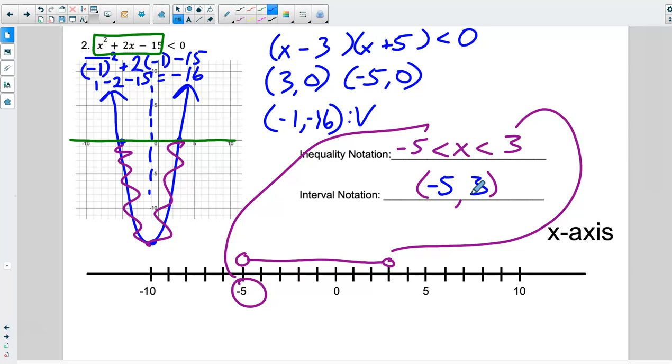So that's it. So our function is below the x-axis from -5 all the way till 3. So all the numbers between those, that's what we're looking at. Questions?